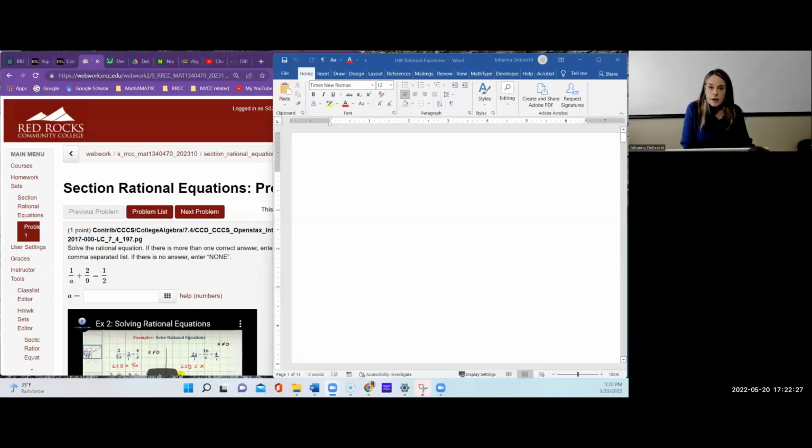Let's take a look now at problem number 1. In problem number 1, we are asked to solve the following rational equation. If there's more than one correct answer, we'll enter it separated by commas. If there's no answer, we'll put in none. Our equation for number 1 is 1 over a plus 2 over 9 equals 1 over 2.